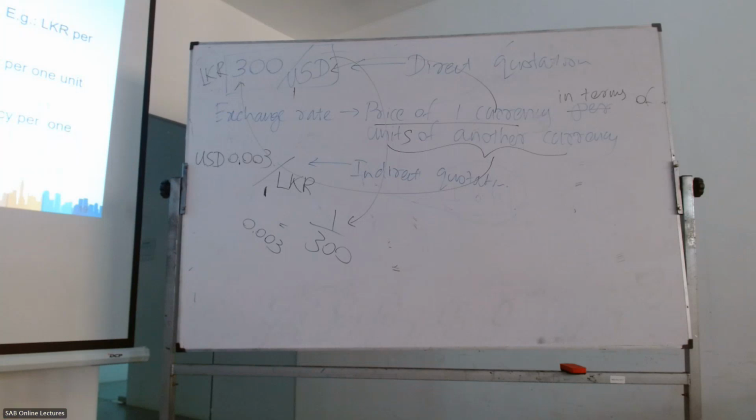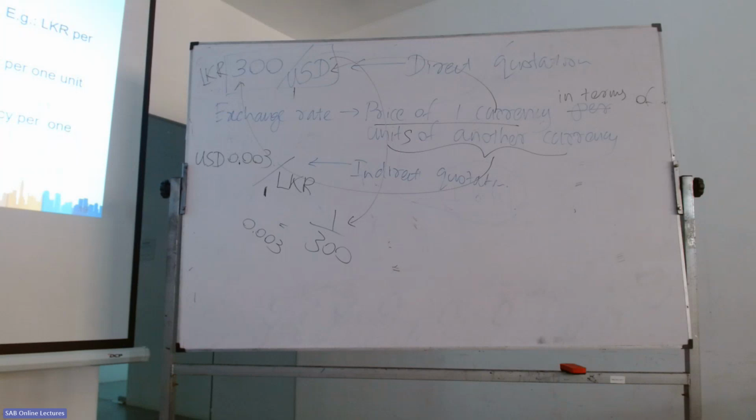So here it's the number of LKR per 1 unit of USD. From the perspective of Sri Lanka, the local currency is LKR and the foreign currency is USD. So if we express the exchange rate as number of local currency per 1 unit of the foreign currency, that is the direct quotation. If we express 1 USD equals 300 LKR, then that is direct quotation.